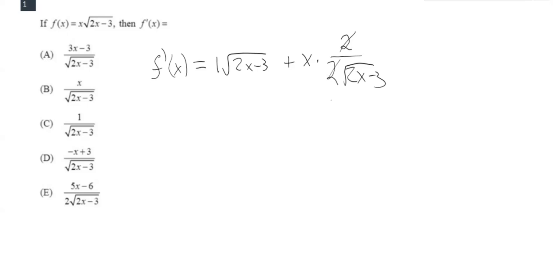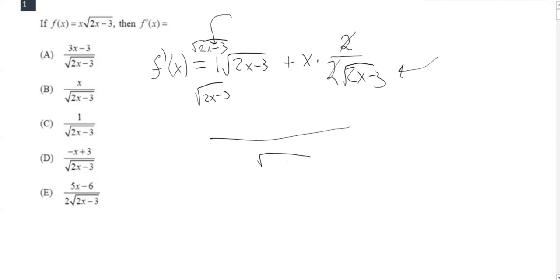Now, with this, we need to simplify it more because none of the answers line up and they're not adding. So what they did was they multiplied this first term by root 2x minus 3 over root 2x minus 3 so that it had a common denominator with this one. Then both terms have root 2x minus 3.